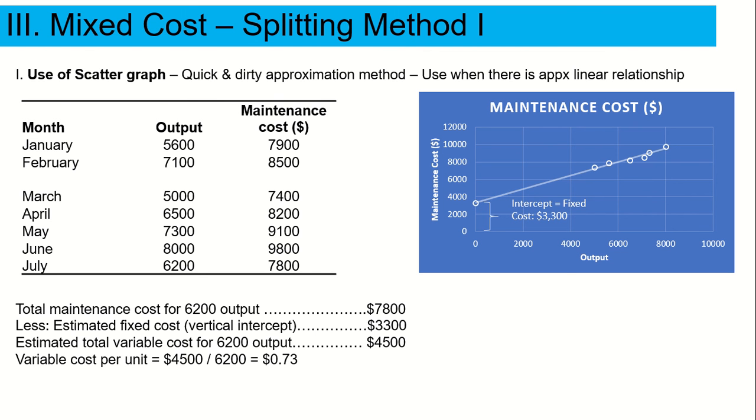Variable cost per unit therefore comes to 4,500 divided by the output, which is 6,200, at 0.73. So you can represent your cost equation as y is equal to 3,300, which is fixed cost, plus 0.73x, where x is the output. This equation you can use to forecast your costs at different levels of output beyond the month of July as well.